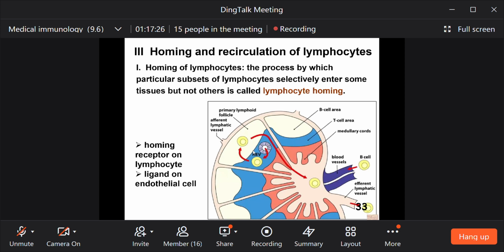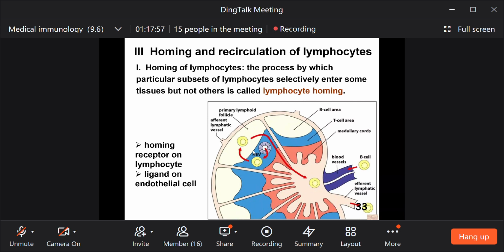We already know the lymphocytes originate in the bone marrow. After differentiation in the bone marrow, the B cell and the T cell mature in the thymus, and they will not stay in the bone marrow or thymus forever.